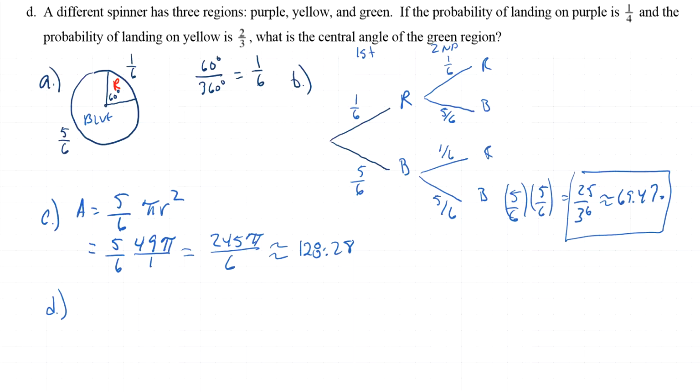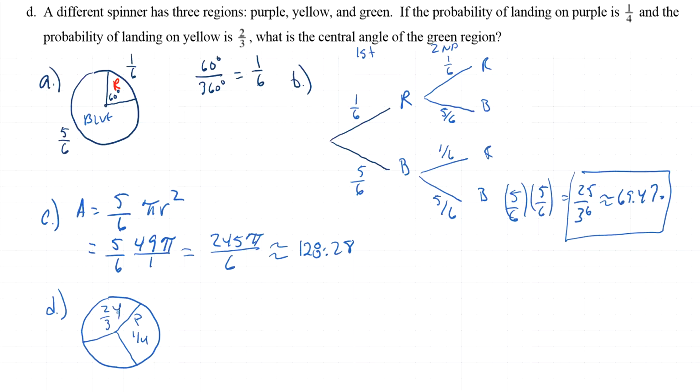So in this problem, it says a different spinner has three regions, purple, yellow, and green. So we have this spinner, and I'm just going to draw these in. I'm making them equal, but they're not necessarily. It says the probability of landing on purple is 1/4. So we'll say this is purple, and this is 1/4. And the probability of landing on yellow is 2/3.